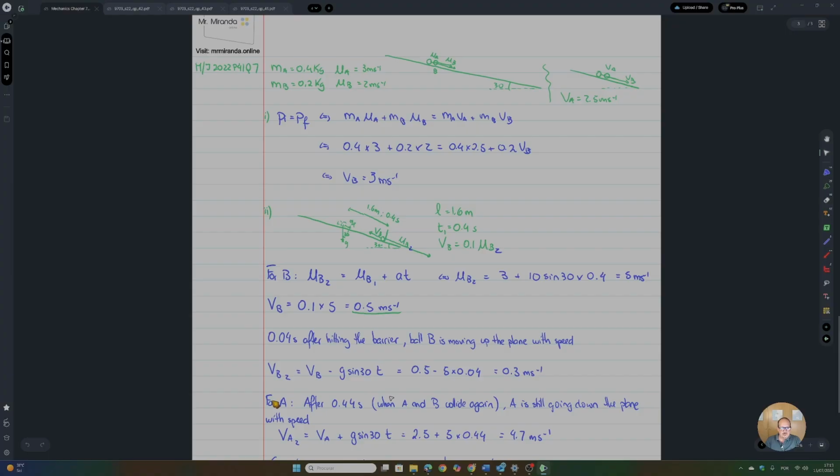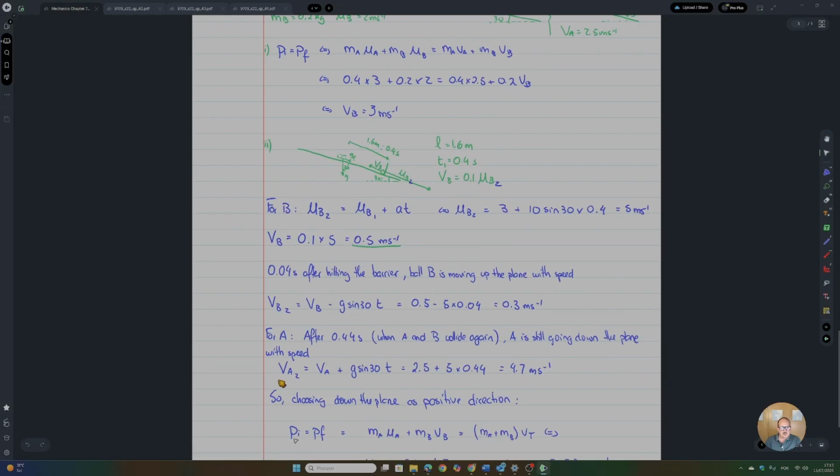What about A? A is simpler, the motion. It was still going down. 0.44 seconds after the first collision, A is still going down. With what velocity? Again, the same expression. The velocity of A just before the second collision equals the velocity of A just after the first collision plus the horizontal component of g, the component of g that is still accelerating it down the plane, times the time for which it was moving, which is 0.44 seconds, right?